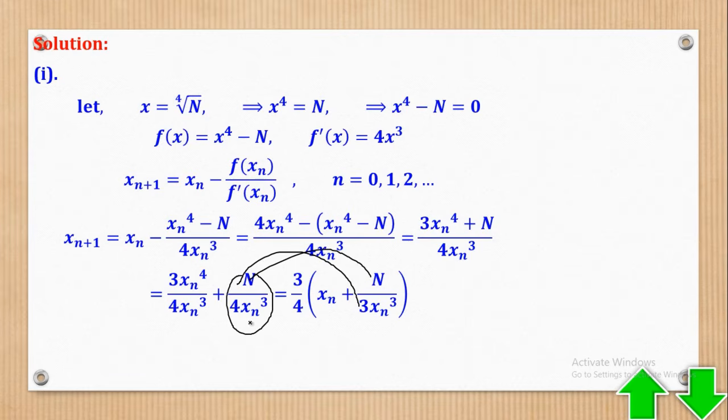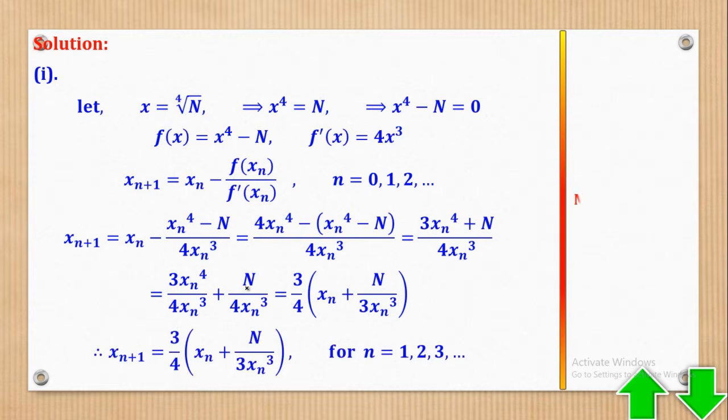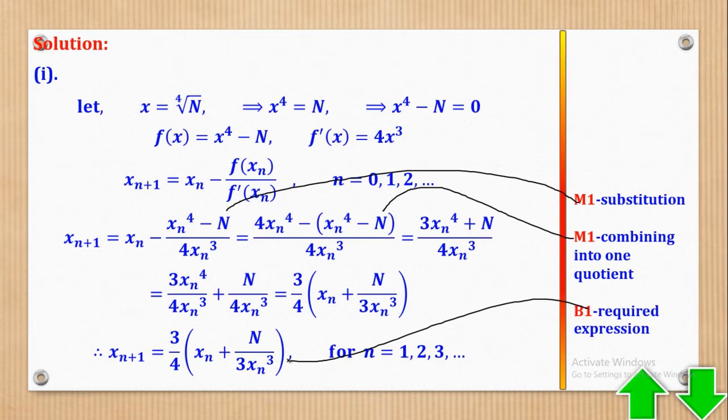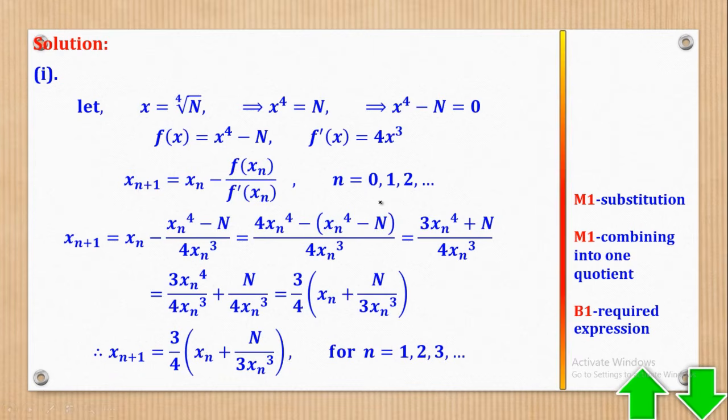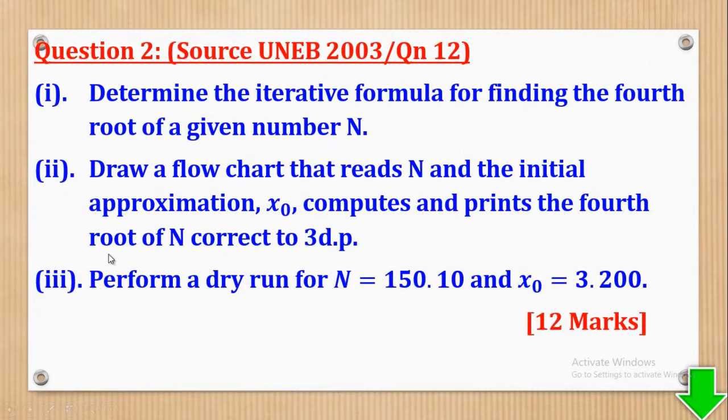Then this n is here. This 4 already went outside, so this here remains with only xn cubed, which is there. So basically that is what they wanted in this Roman. M1 for this substitution, B1 for combining into one quotient, B1 for the required format. So that was Roman 1.